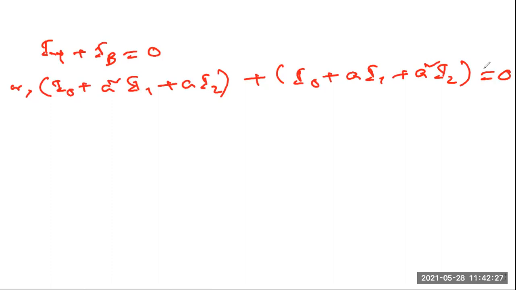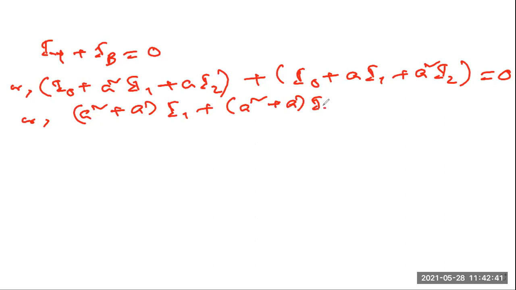This is equal to 0. So from here we can write a square plus a into I1, plus a square plus a into I2, plus 2 I naught equal to 0.